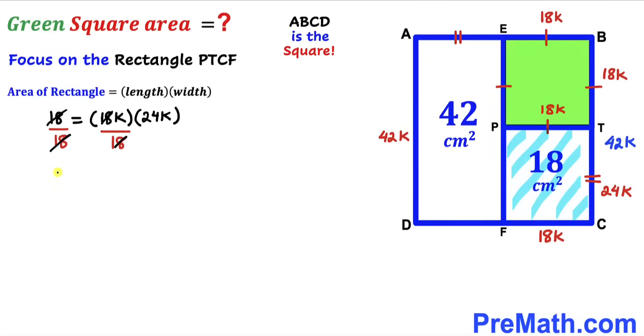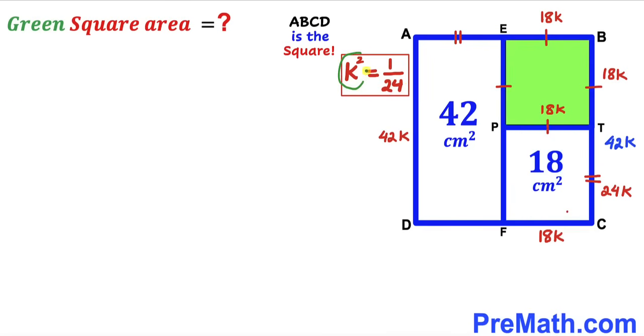So therefore, we end up with 24 times k squared is going to be equal to 1. And now I'm going to divide both sides by 24. So therefore, we are going to get k squared value as simply 1 divided by 24. So thus our k squared value simply turns out to be 1 divided by 24.